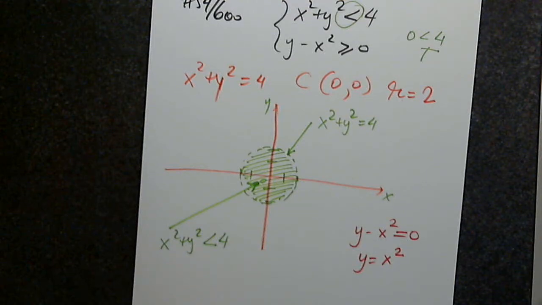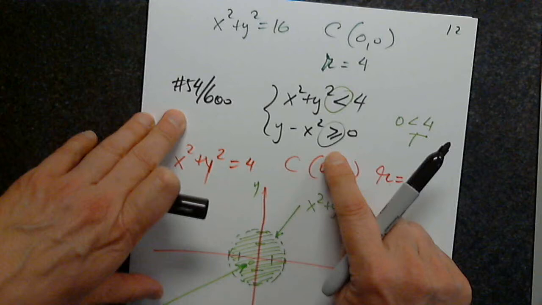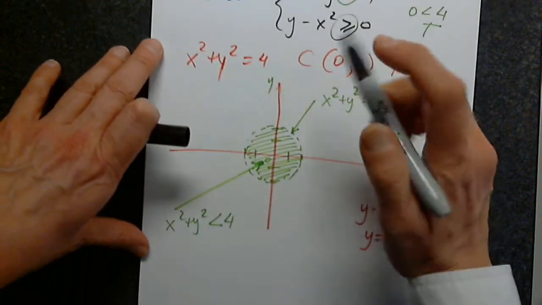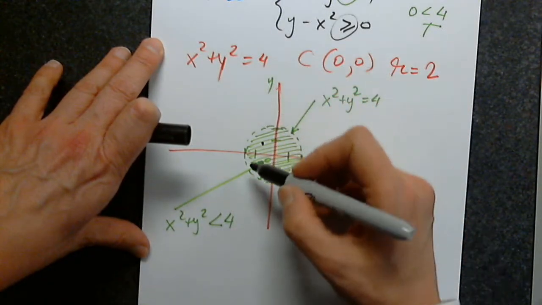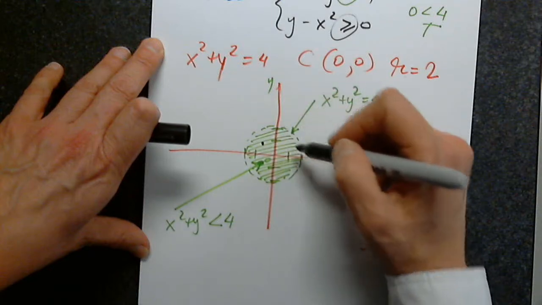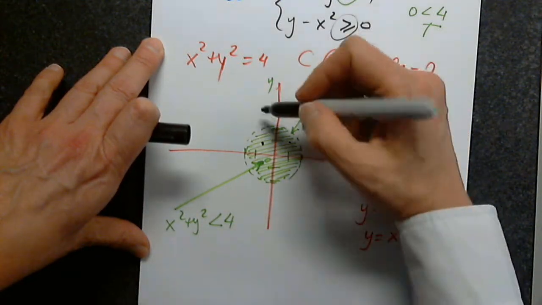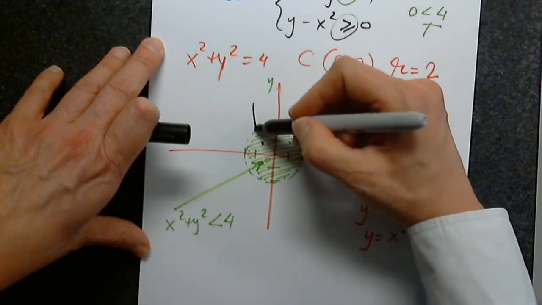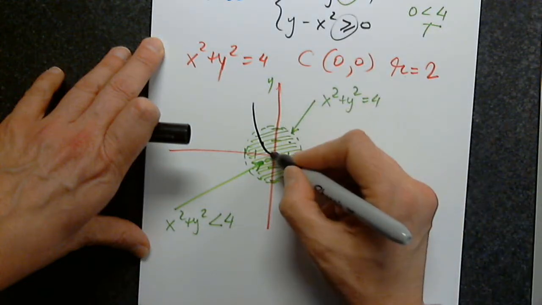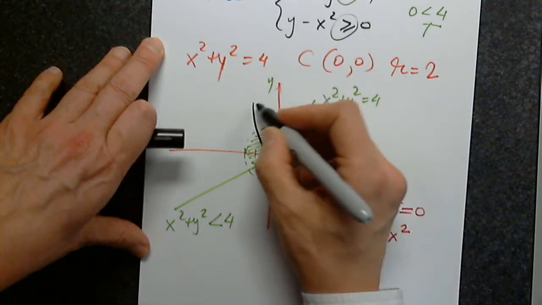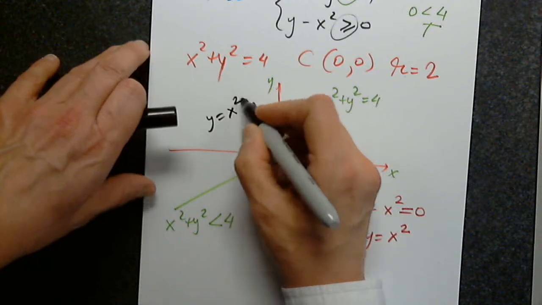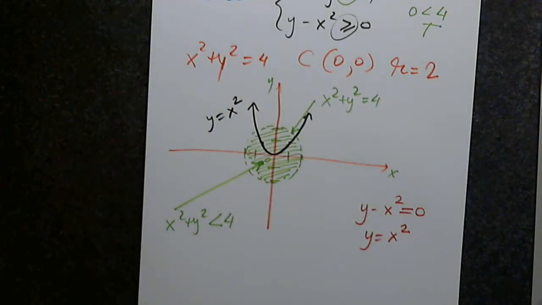Where is the vertex? At the origin, of course. We graphed that so many times. Solid or not? When x is 1, y is 1; when x is negative 1, y is 1. So 0, 0. So this is the graph of y equals x squared. It passes through the origin.